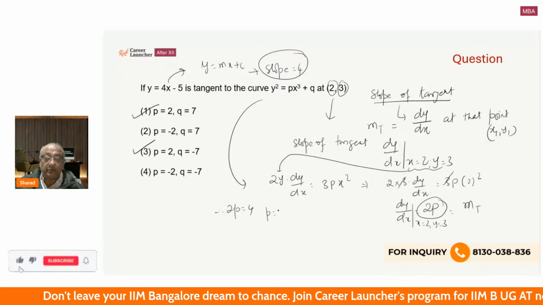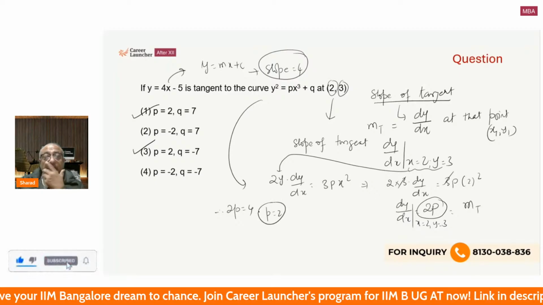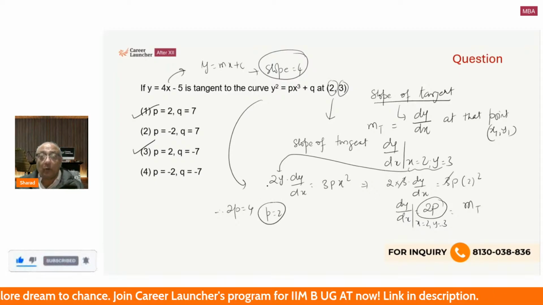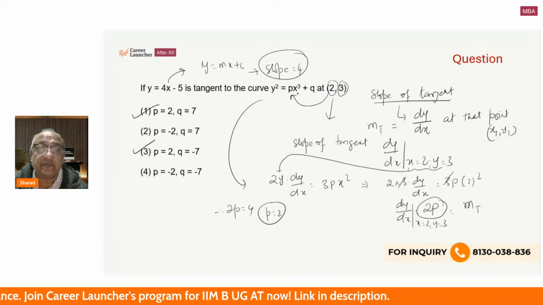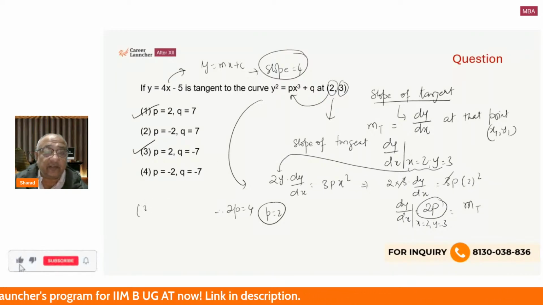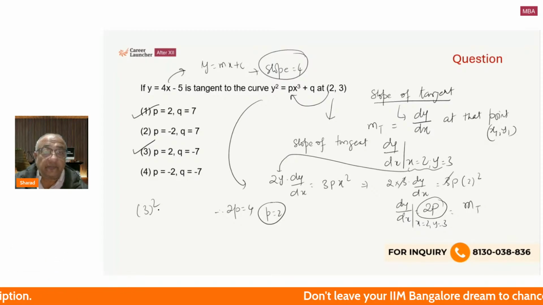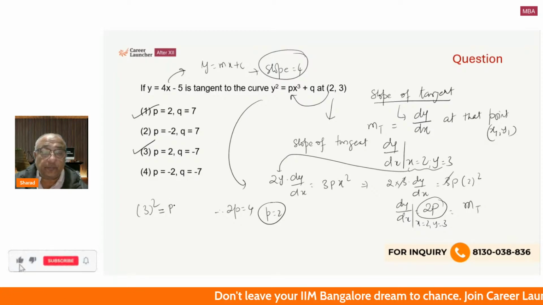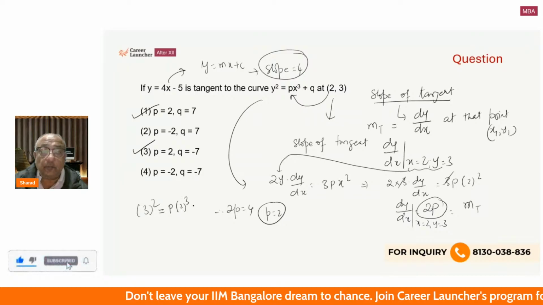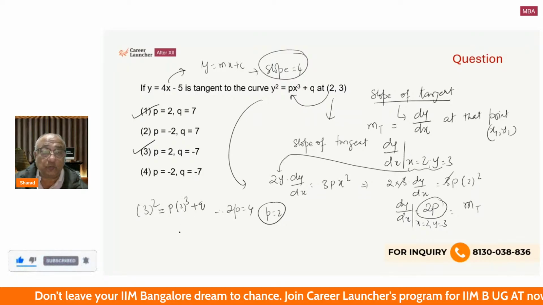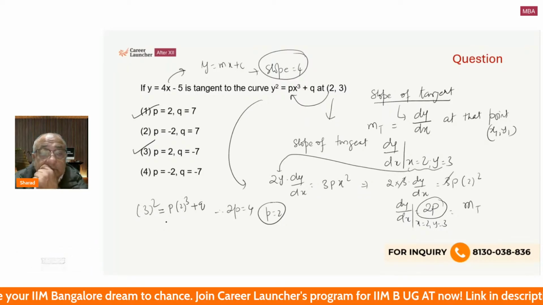P is equal to 2. Now how to get q? Did we get stuck? No, this point 2 comma 3 will satisfy the curve. So let us put these values 2 and 3 over here. I'll get 3 square is equal to p into 2 cube plus q. What is the value of p?